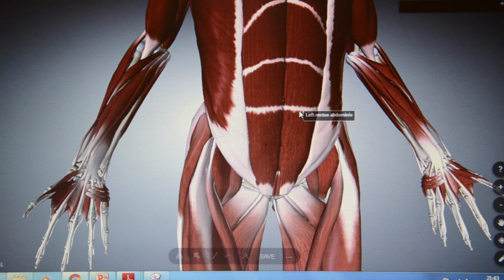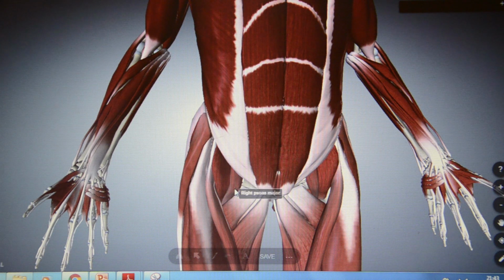Now I will show you the muscles I was talking about previously, and I will use a Human BioDigital program for that. I will start with group A muscles, and it will be hip flexors.